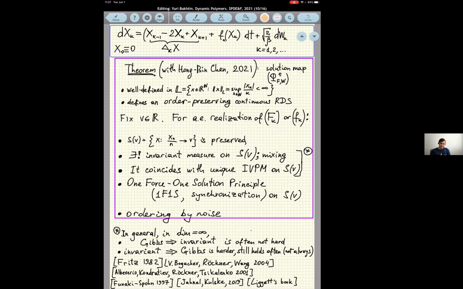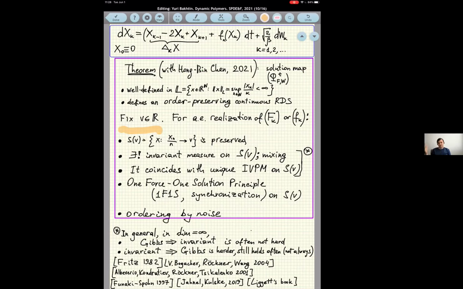So what we prove is that for a fixed V, so now we fix V, and the rest of these statements are for fixed V. Then for almost every realization of the external potential of the environment, the set of polymers with the same slope V is preserved by the dynamics.